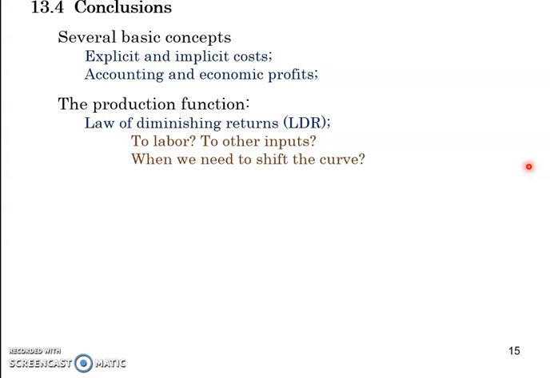For example, when we draw the LDR to labor, we said that the machinery, equipment, technologies, and the land are fixed. But later, if you get better machines and equipment, then you should shift the TP curve upward.